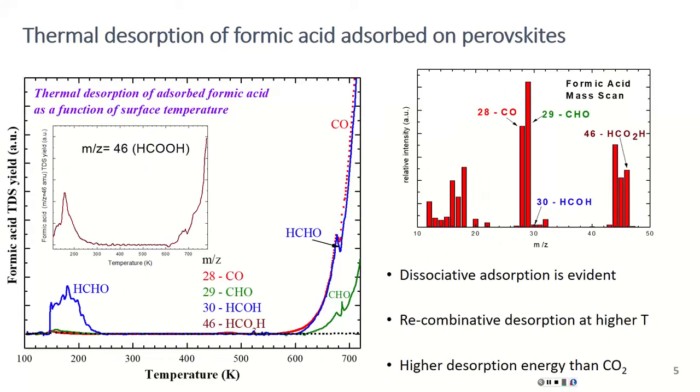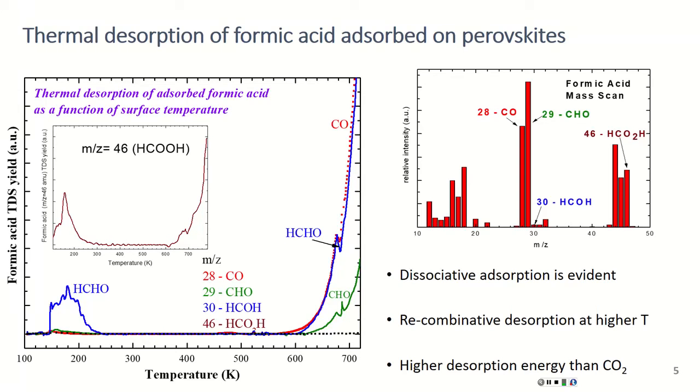This is the first trial of formic acid dosing. We dosed formic acid into the chamber, ran the sample temperature and detected those fragments. After that we have somewhat dissociated formic acid structure, not completely, and we dosed formic acid again and had a similar TDS peak pattern.